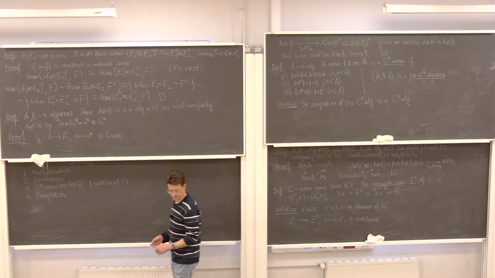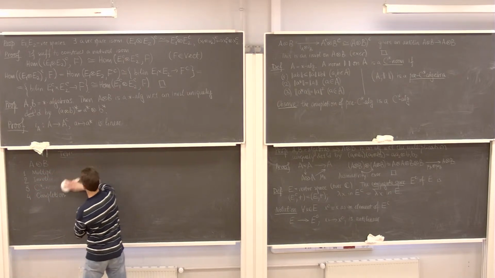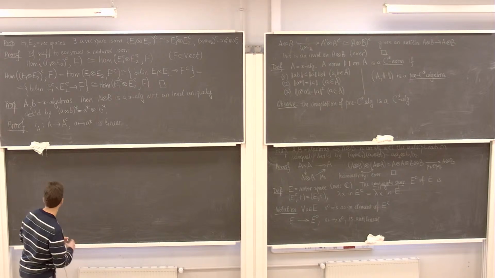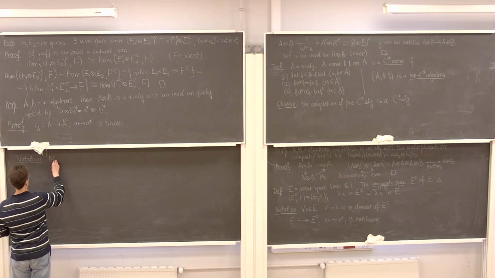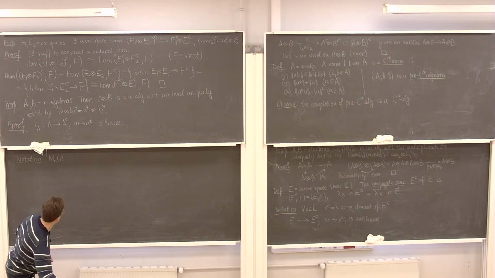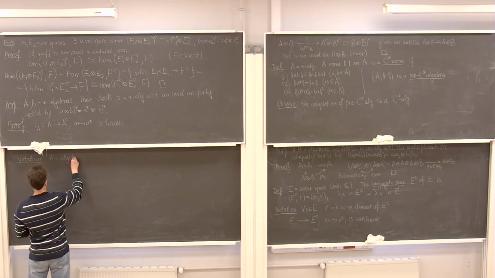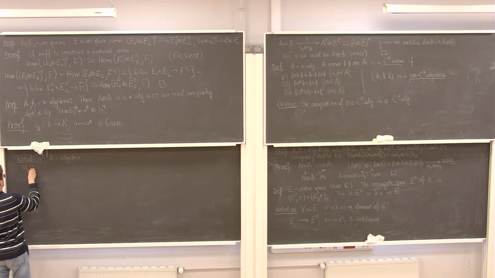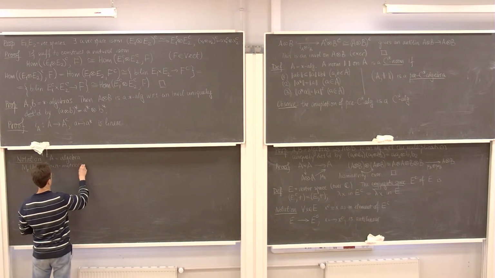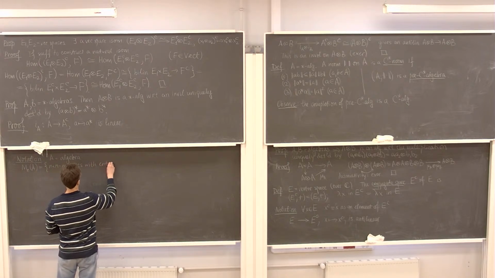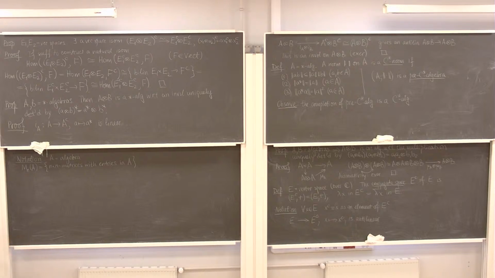So let's introduce some notation. If A is an arbitrary algebra, then we denote by Mn of A the algebra of all n by n square matrices with entries in A. So clearly this is also an algebra under the usual matrix multiplication.